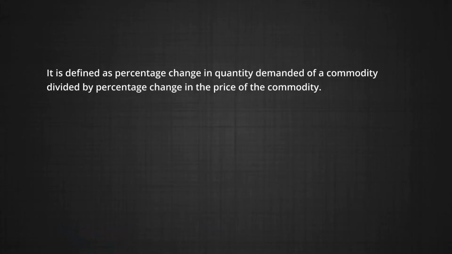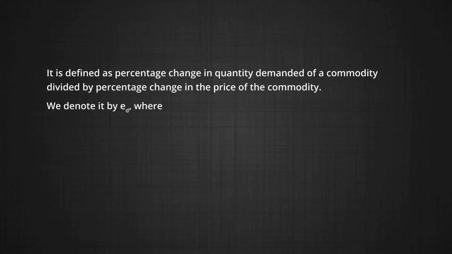We introduced here price elasticity of demand as a formal measure of responsiveness of demand to price changes. It is defined as the percentage change in the quantity demanded of a commodity divided by the percentage change in the price of the commodity.